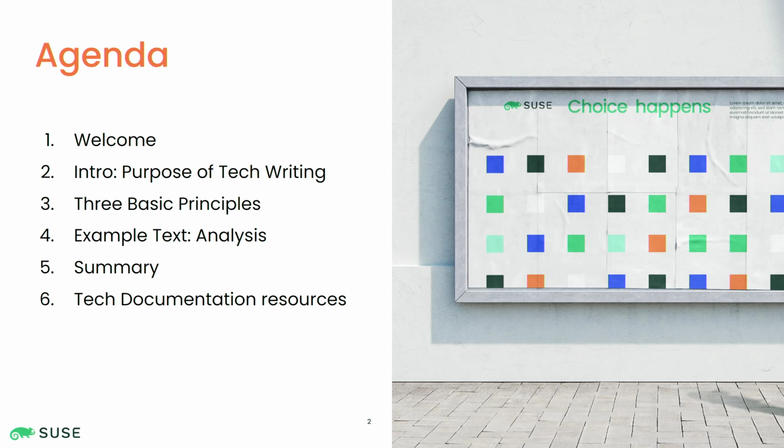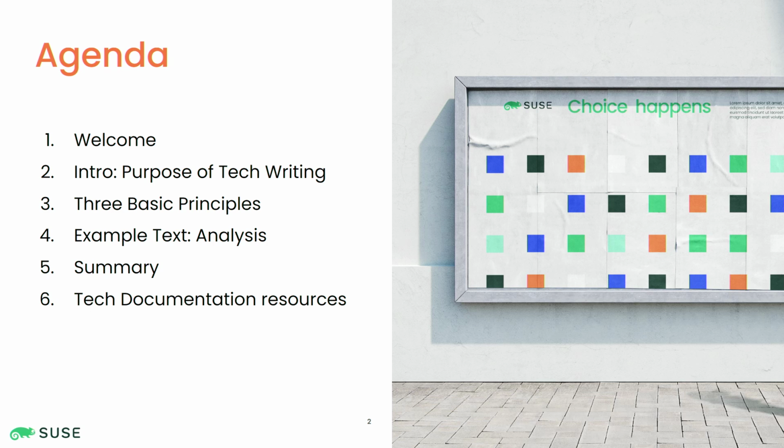Okay. Yeah, today's agenda is that we want to introduce you quickly to the purpose of technical writing. Then, of course, we could talk about best practices on how to do it best for hours and hours, but in the interest of time we want to focus on 3 basic principles that we want to talk about today.